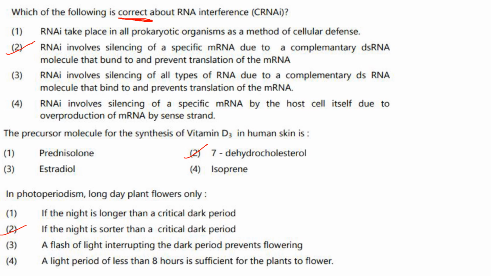So 3 is not correct. Then fourth one, a light period of less than 8 hours is sufficient for the plant to flower. No. Long day plants typically require a light period longer than 12 to 14 hours and a night period shorter than 10 to 12 hours for flowering. So fourth option is also not correct.